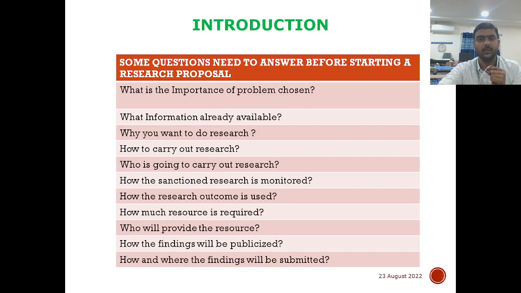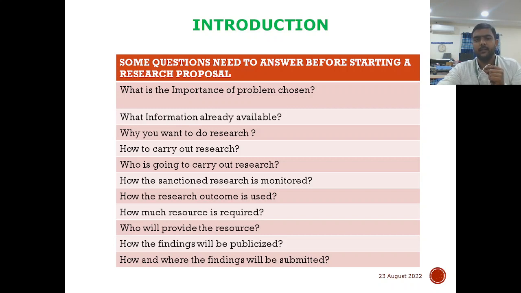So, what is the importance of the problem chosen? You will get many ideas in your mind. You want to develop a prototype, a mechanism, implement a method or some technique, or apply an existing technique in a new, challenging field.